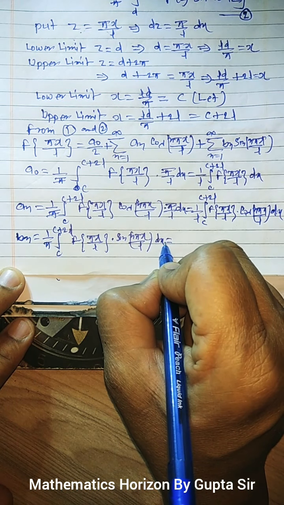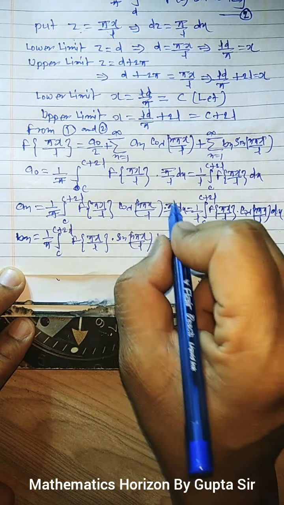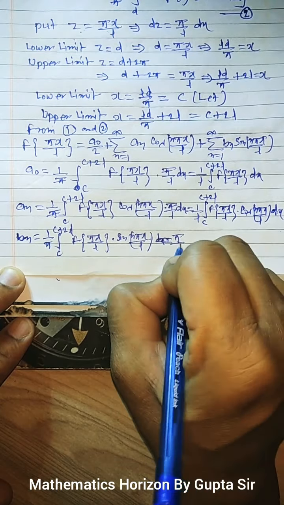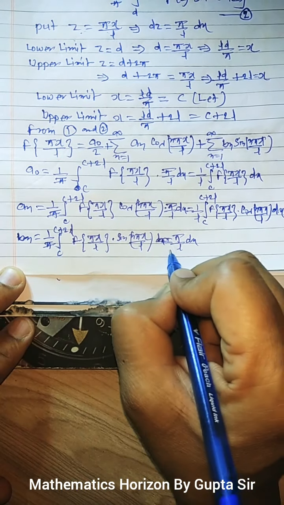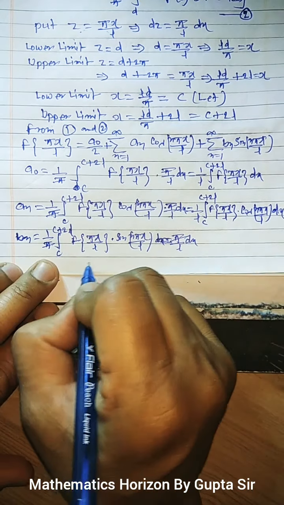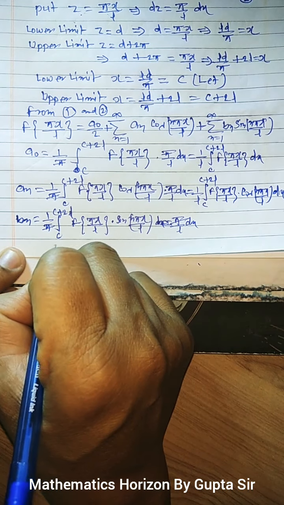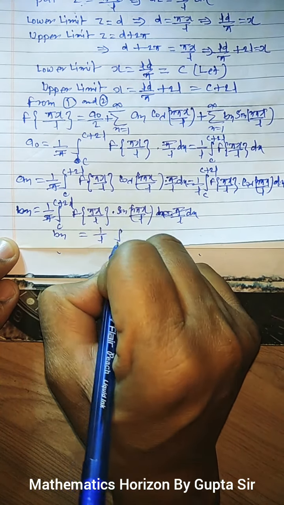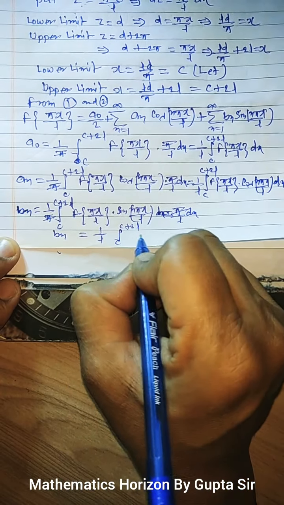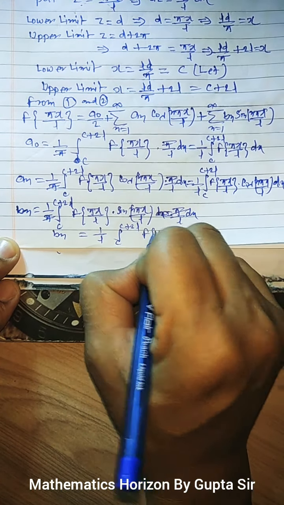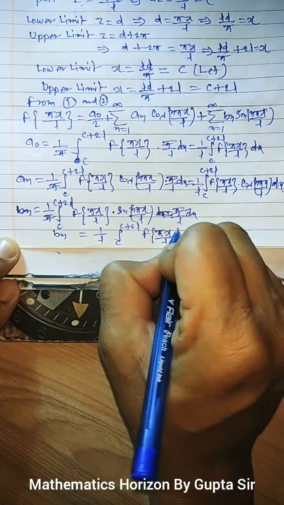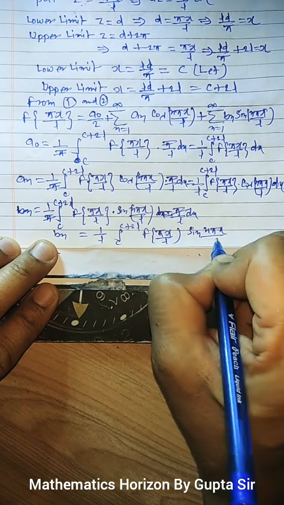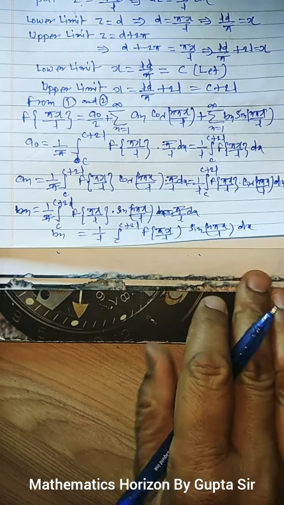Dz is equal to pi upon L dx. These two cancel out, so we have bn equal to 1 upon L integral from c to c plus 2L of f(pi x upon L) sin n pi x upon L dx.